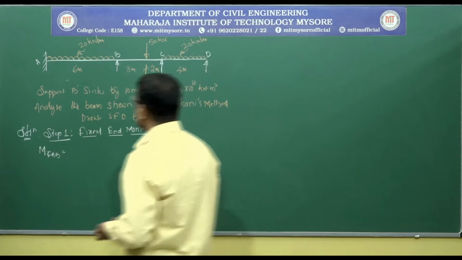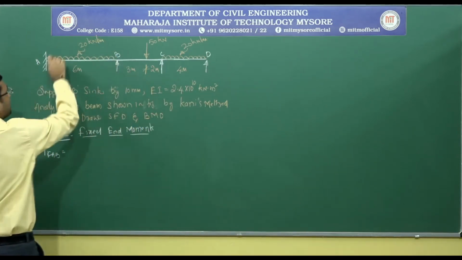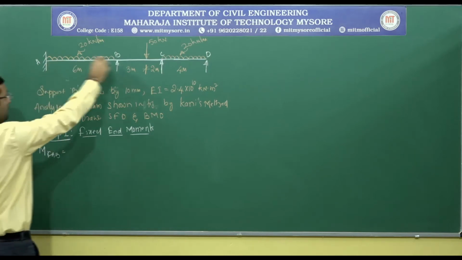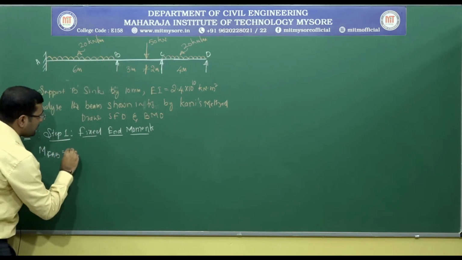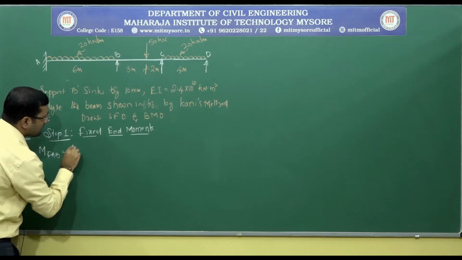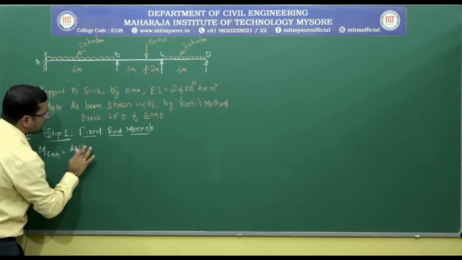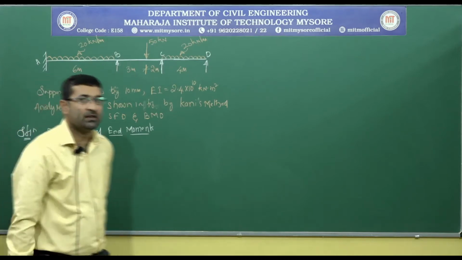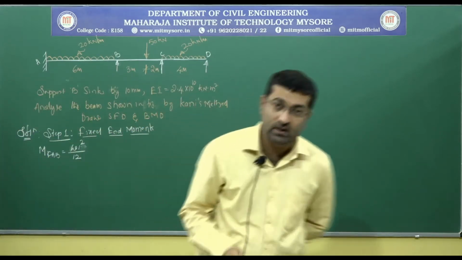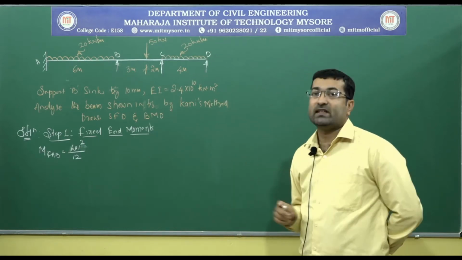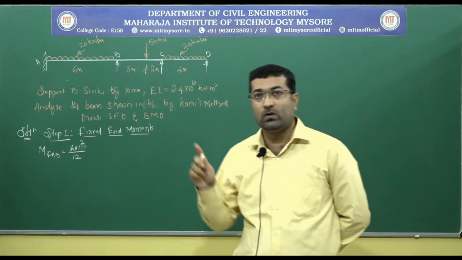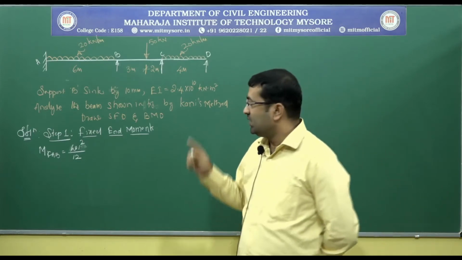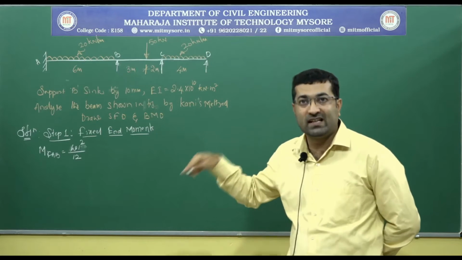Now, as the load is a UDL on the span AB, WL square by 12 is the formula to determine the fixed end moments. But apart from the external load, the span AB is also affected by the sinking. So the sinking has to be considered here itself.